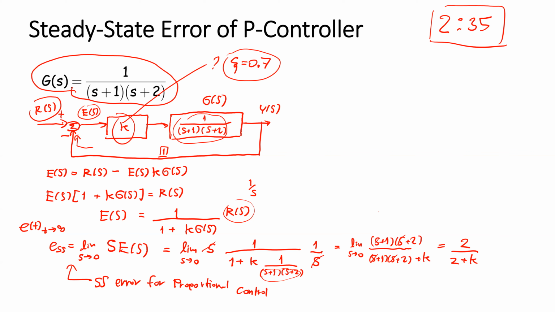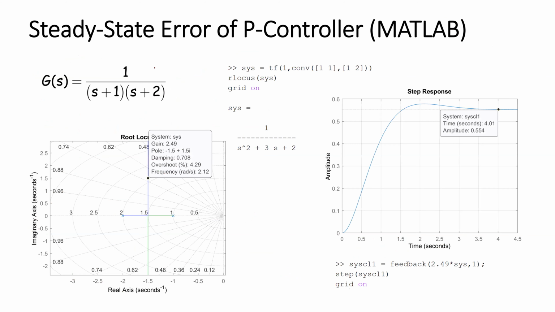So let's plot the root locus of this one. We don't have zeros. We have poles at -1 and -2.